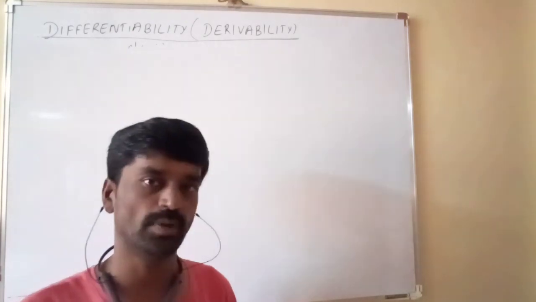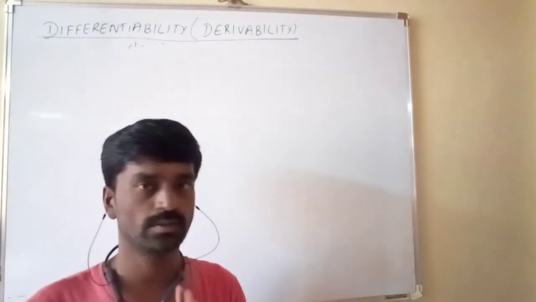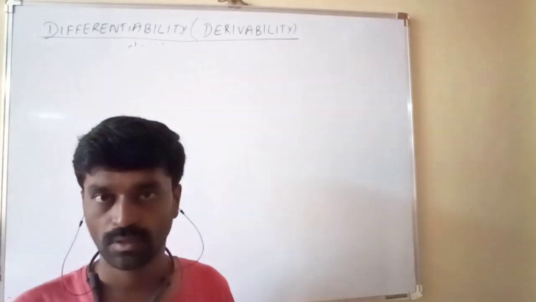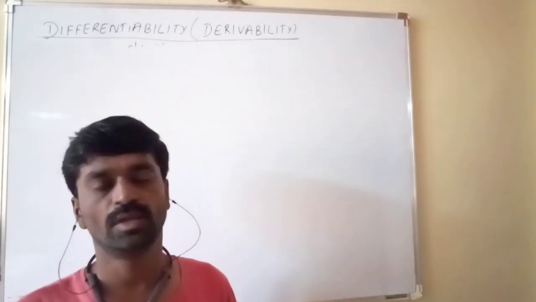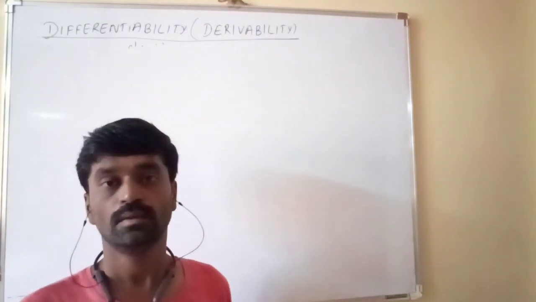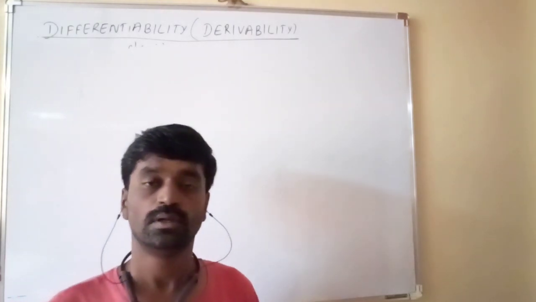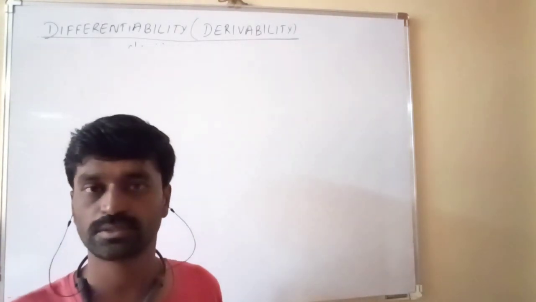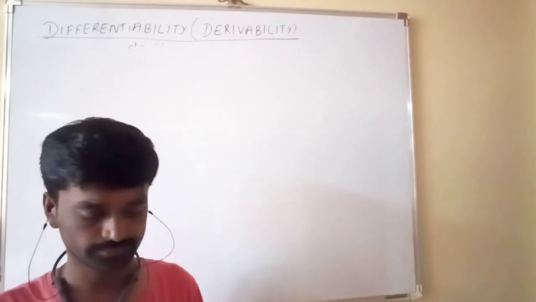But in case of a sharp edge, the function is continuous at that point, and the left hand derivative and right hand derivative may be finite or may be infinite. But in case of a vertical tangent, both must be tending to infinity only, either plus infinity or minus infinity.